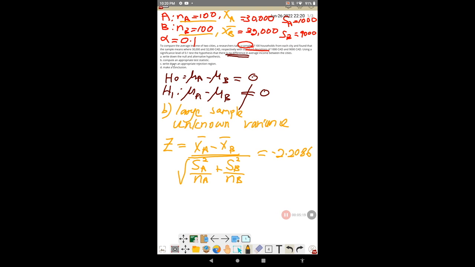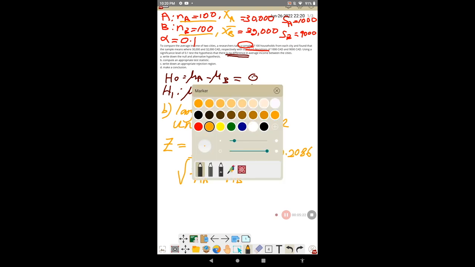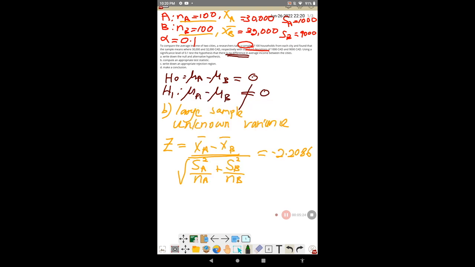Part C, write down an appropriate rejection region. Let's change the color. Rejection region. So they gave us the alpha level. Z alpha over 2 equals Z 0.1 divided by 2 equals Z 0.05 equals 1.645.